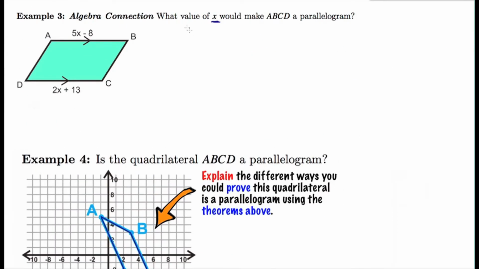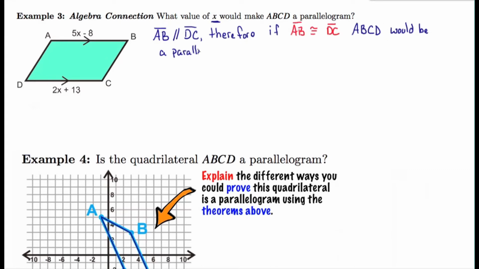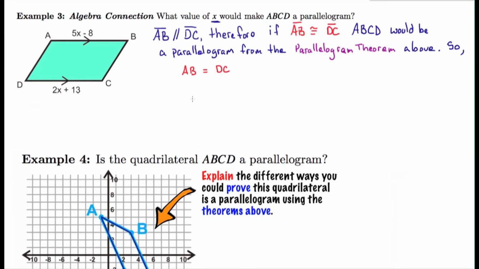Okay, example 3, what value of x would make ABCD a parallelogram? Well, it's given that segment AB is parallel to DC. Therefore, if AB is congruent to DC, then ABCD would be a parallelogram from the parallelogram theorem that we just did above. So we need to make AB congruent to DC.